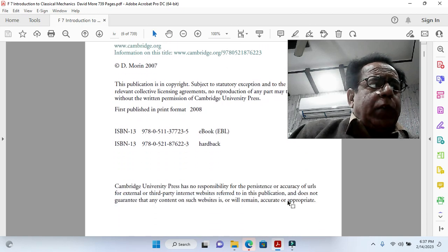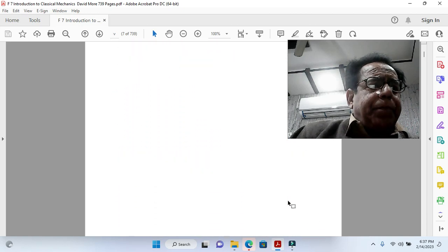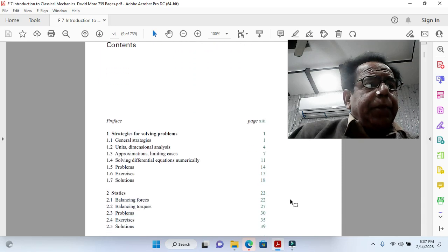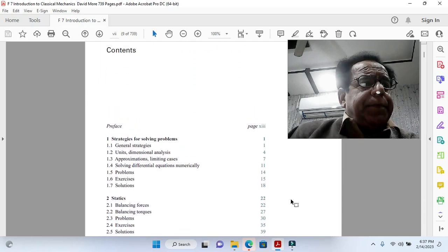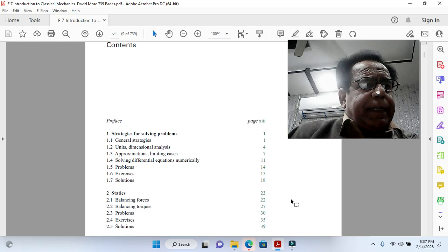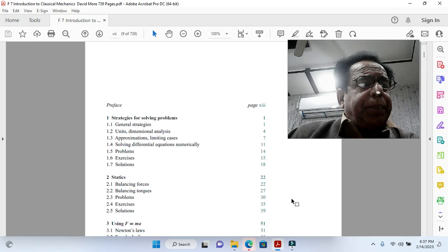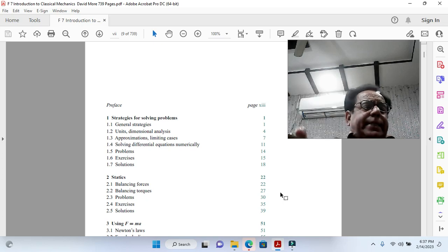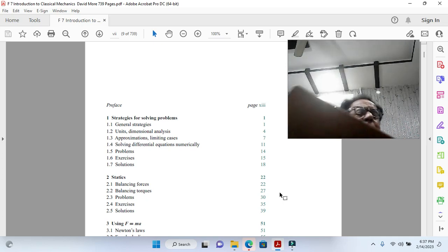Now we come towards its contents. Dear students, its first chapter is under title Strategies for Solving Problems. Its second chapter is under title Statics.